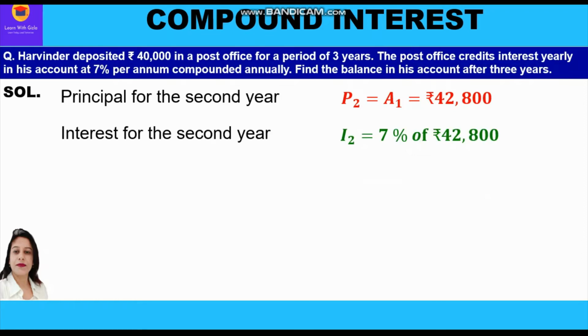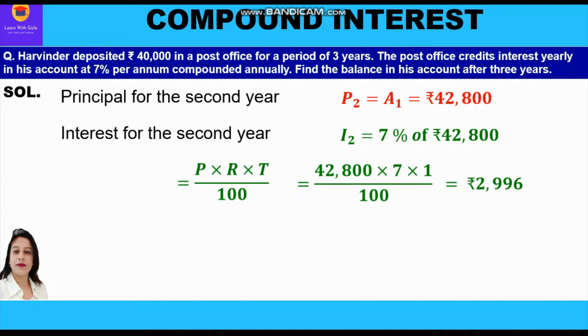Now we shall calculate the interest of the second year, that is at the rate of 7% on this new principal, that is 42,800, and we shall use the simple interest formula for 1 year. So PRT upon 100, which is equal to 42,800 into 7 into 1 upon 100, which is equal to rupees 2,996.